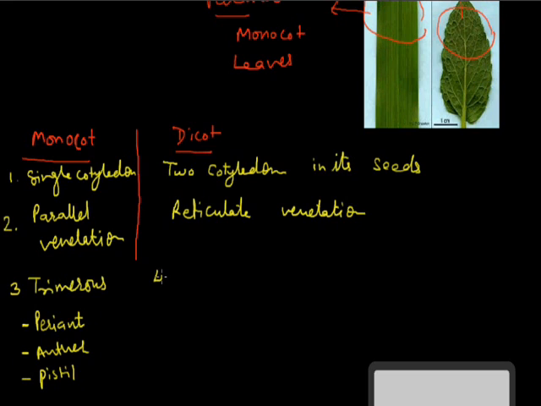In the case of dicot plants, it has four or five parts. The outermost part, four parts, we call tetramerous, or pentamerous flowers are present in the case of dicot.